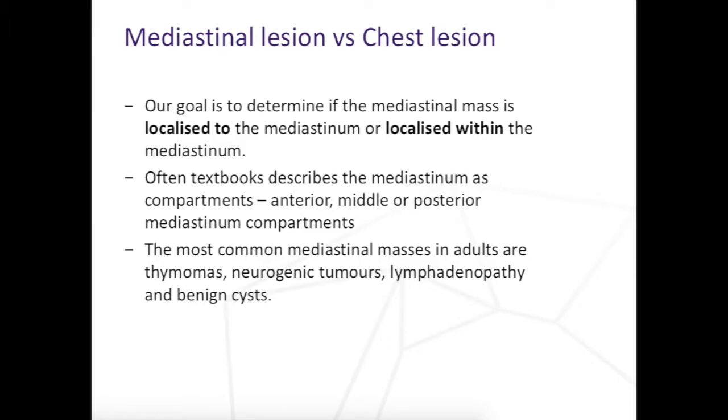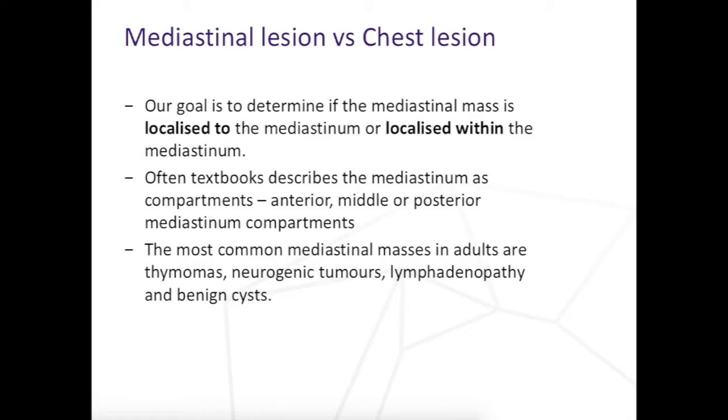So before we do the silhouette sign, I would like to remind you of the difference between a mediastinal lesion and a chest lesion. Our goal is to always determine if the mediastinal mass is localized within the mediastinum. So what that means is, is it next to the mediastinum or is it inside the mediastinum?